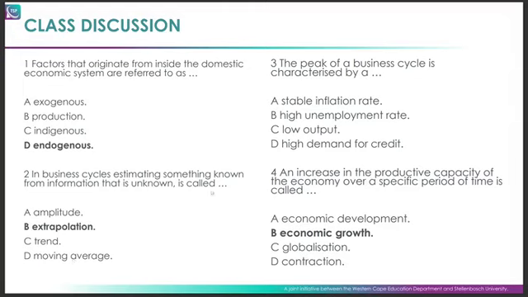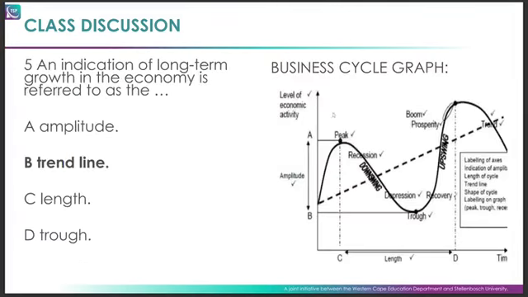We come to number 3. The peak of a business cycle is characterized by a what? Now there I haven't given you the answer, but we're going to look at where we find the peak. The peak is the topmost turning point, right? So remember, from the trend line to the peak, that is your prosperity phase.